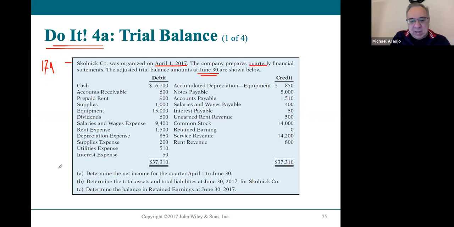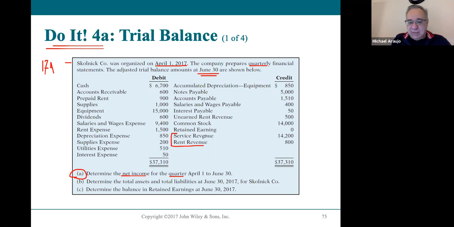That's all. So the first thing they ask you to do is to determine the net income for the quarter, right, for the 3-month period. And so what do you know about that? Well, you have to make sure you know what your revenue is. So you have two revenue accounts in this particular company, service revenue and rent revenue.